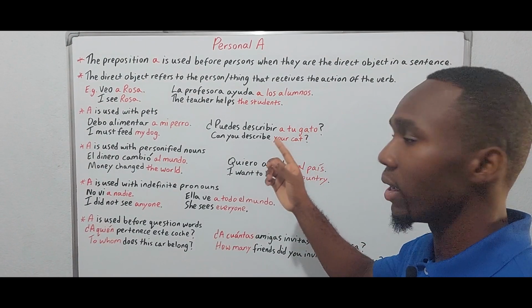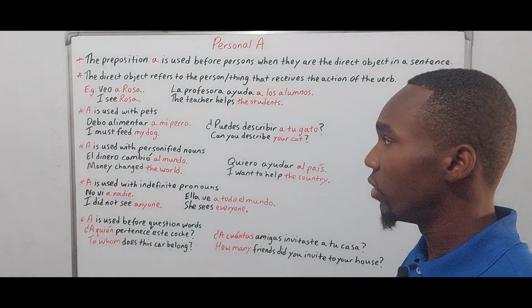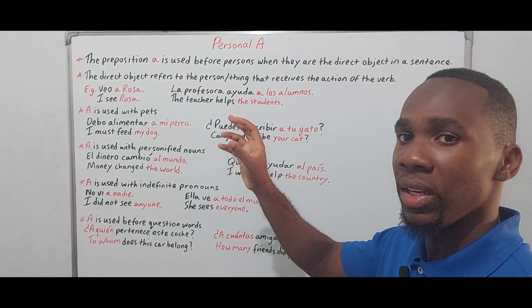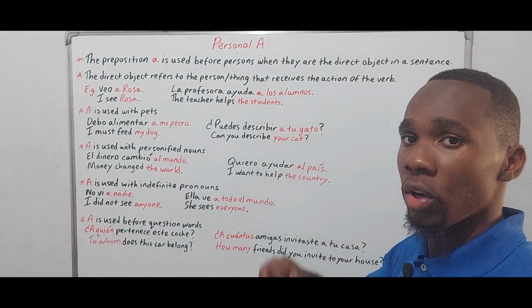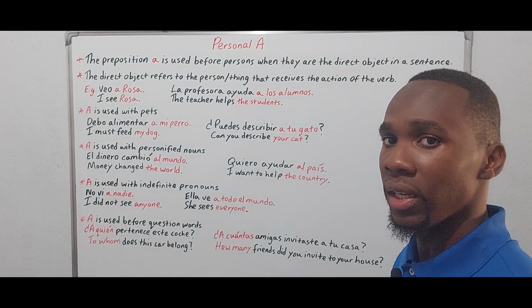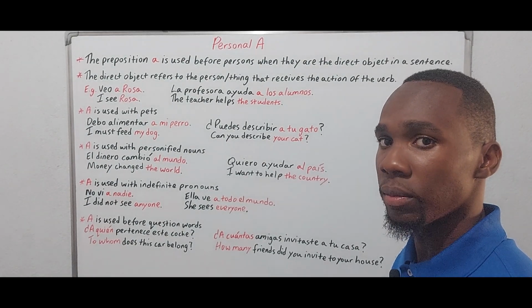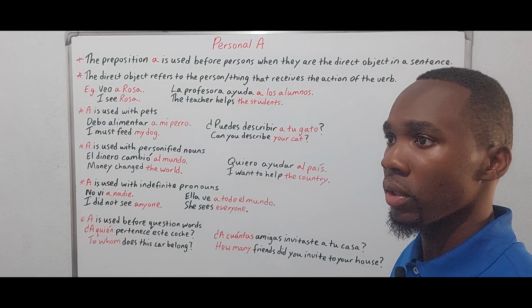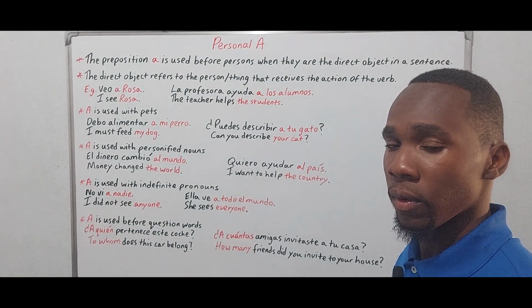Therefore, we need a, and students refer to persons. So you would see that it doesn't matter whether we name the person directly or we refer to them generally. Once we have a person as the direct object, we use a before that particular person or before those persons, right?